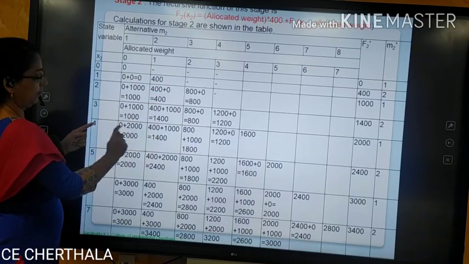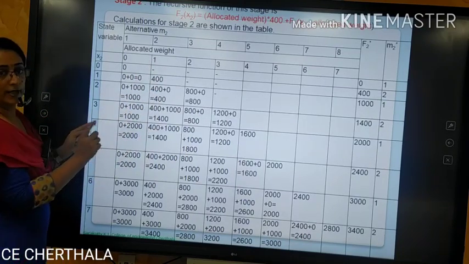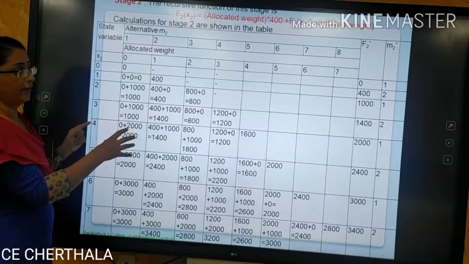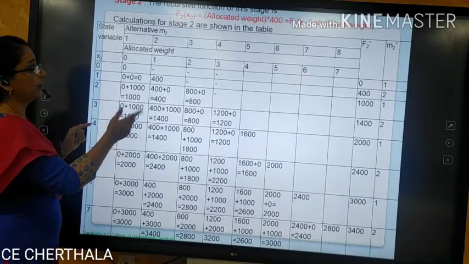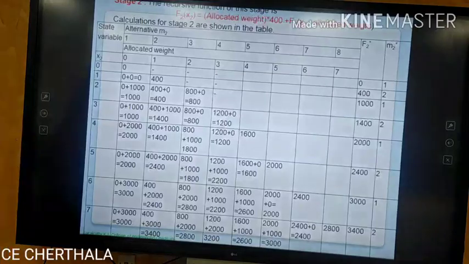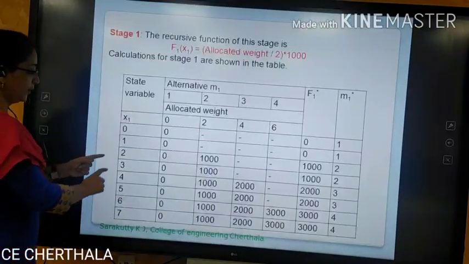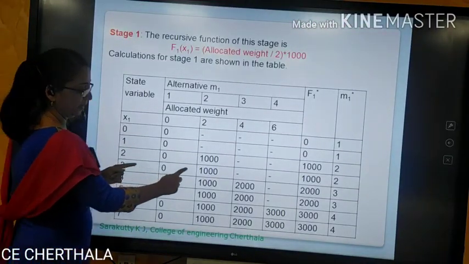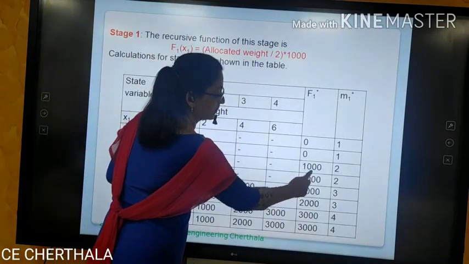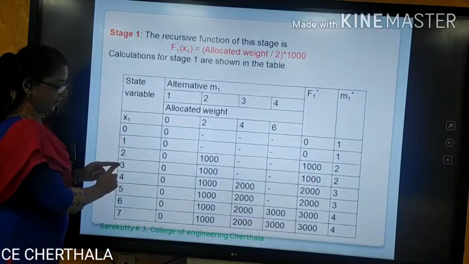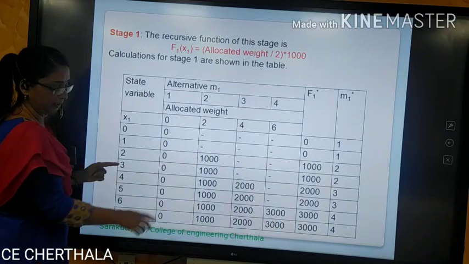So f1 of 4 minus 1, f1 of 3. Now to get the value of f1 of 3, look at stage 1. f1 of 3, the value is 1000. So f1 corresponding to 3 ton is 1000.